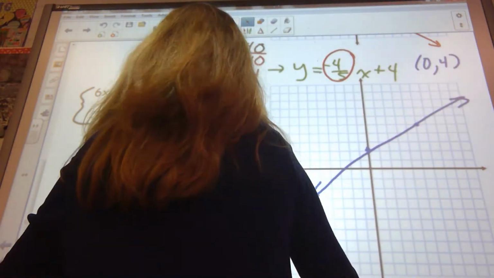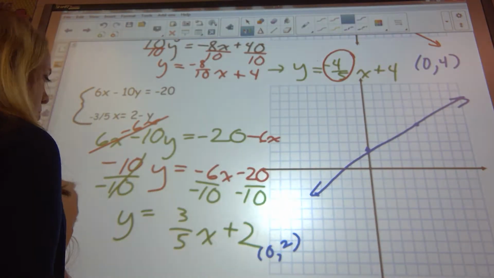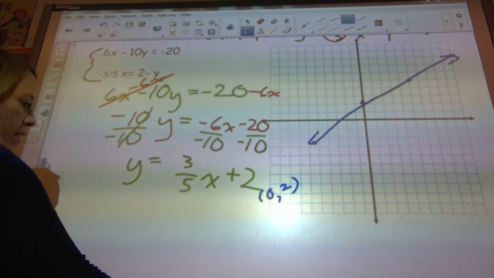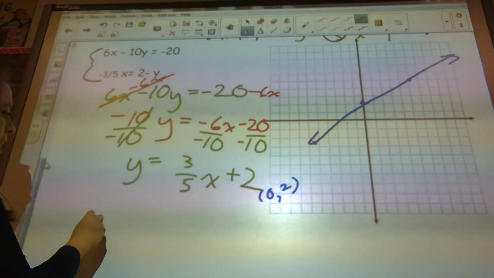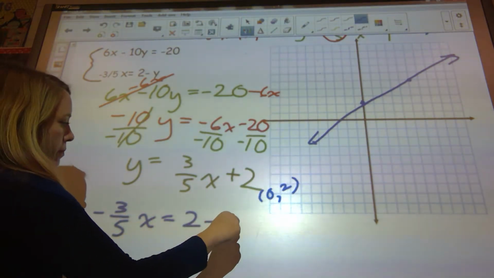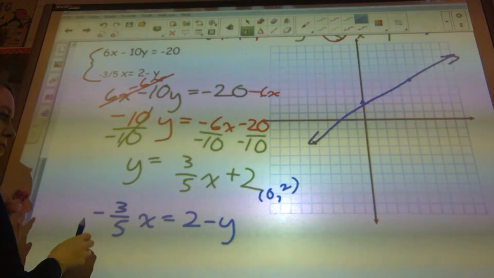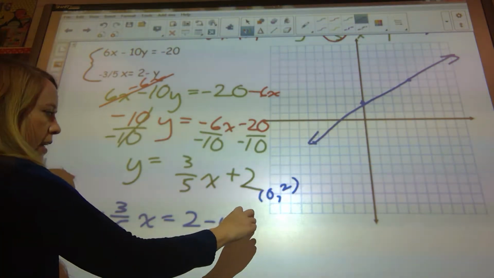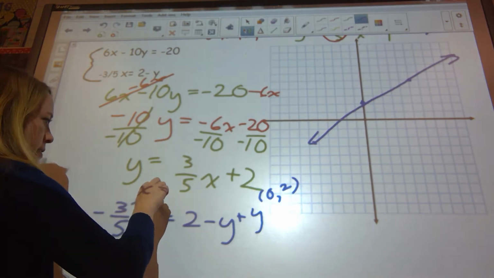My second line that I need to put into slope-intercept form is kind of weird looking. That doesn't matter. We can still do the same thing to it, okay? So here we have our second line. Okay, so I want to flip this stuff around, right? So the first thing I'm going to do is add y to both sides.